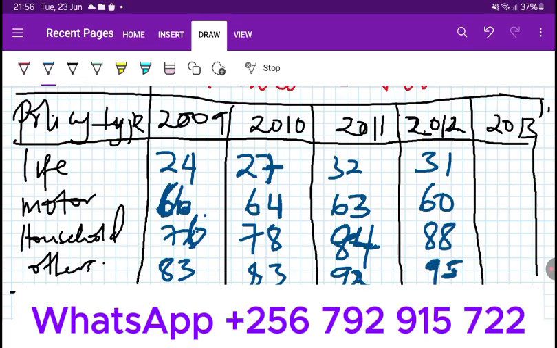So we go to the last one, life add 33, then 33 plus 26 gives us 59. 59 plus 35 gives us 94. Then plus 4 gives us 98.